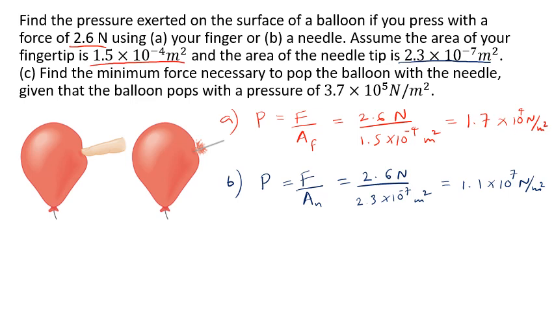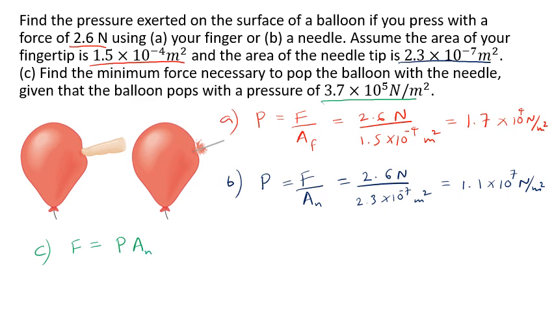And in part C, we have to find the minimum force necessary to pop the balloon with a needle, given that the balloon pops with a pressure of 3.7 times 10 to the power 5 newtons per square meter. So we can use the same equation. The force is given by pressure multiplied by the area of the needle.